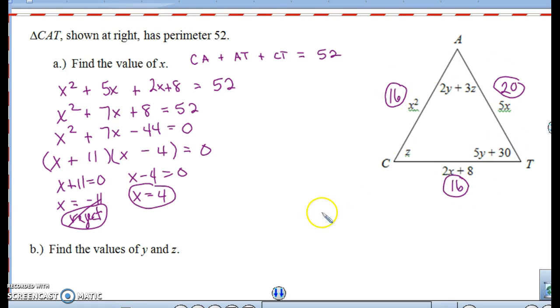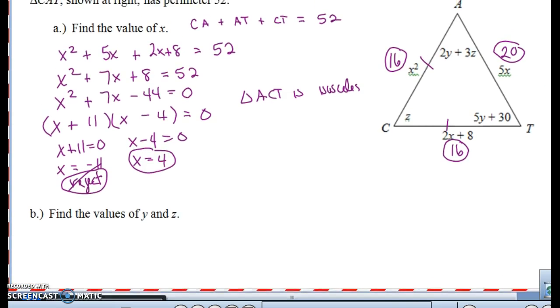So based on the sides, what do we know about this triangle? It's isosceles. So triangle ACT, or CAT, is isosceles, and that means these two sides are congruent. So if AC and TC are congruent, what does that tell me about the angles? Well, let's see what we can figure out.